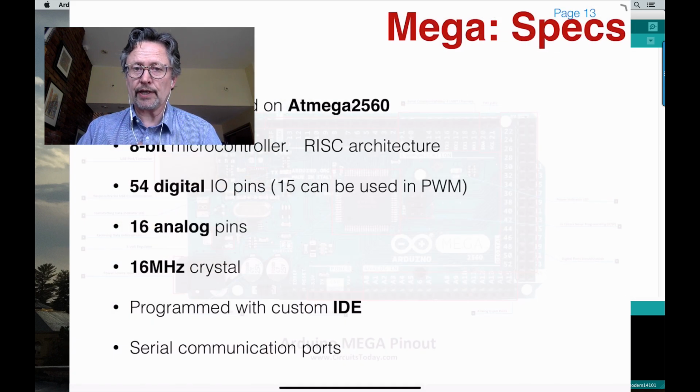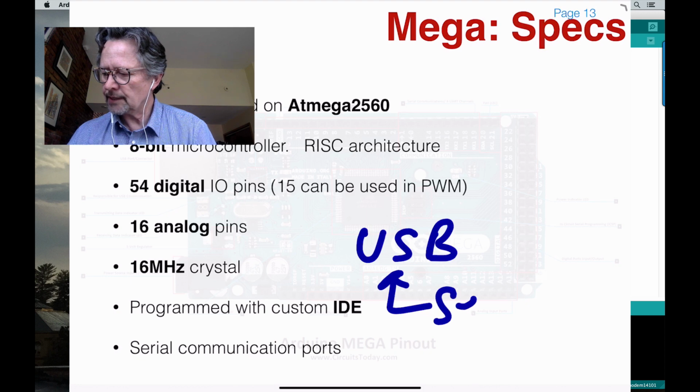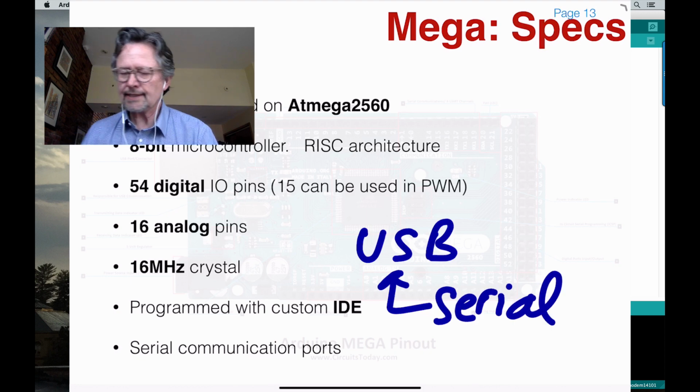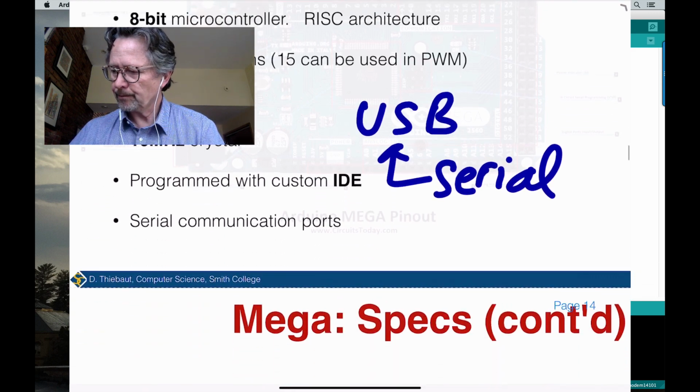We see that with a USB. So when you write USB, the S in USB means serial. So that's how communication takes place between the laptop and the Arduino. So it also has serial ports we can use to communicate with other devices besides a laptop.